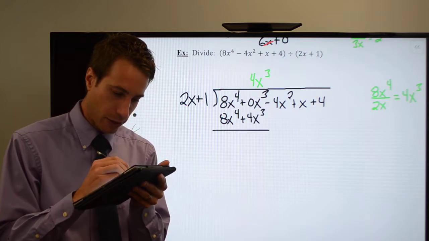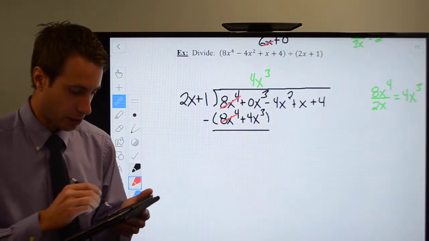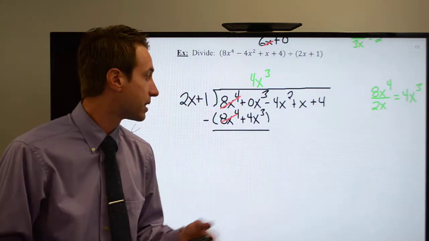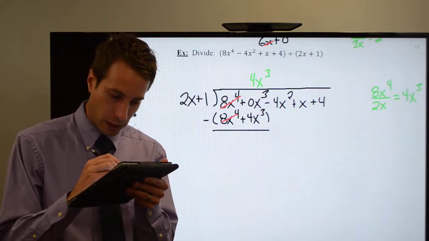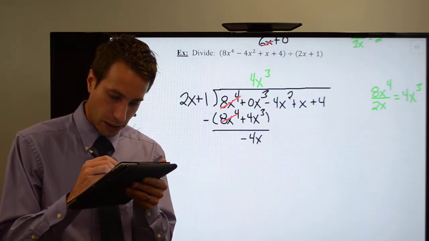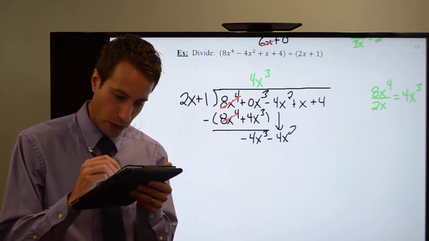All right, we're ready to do subtraction. My leading terms should drop out, which they do. If they don't drop out, I made a mistake. Negative sign makes that a negative 4x cubed, so minus 4x cubed, and we bring down the negative 4x squared.